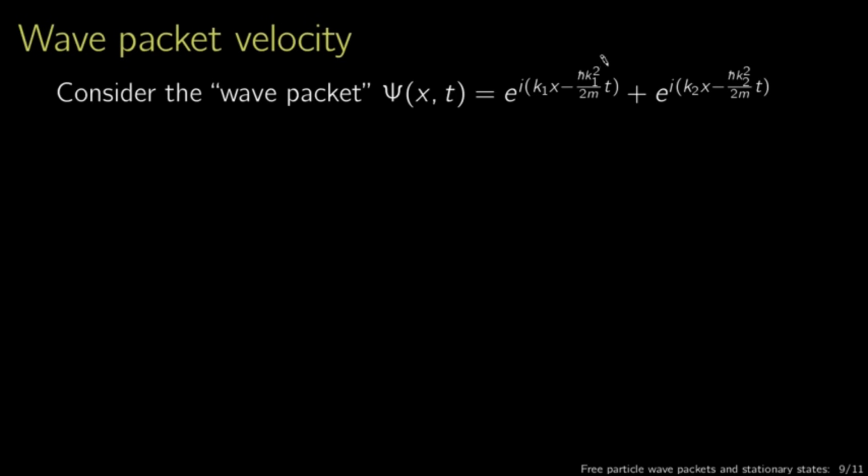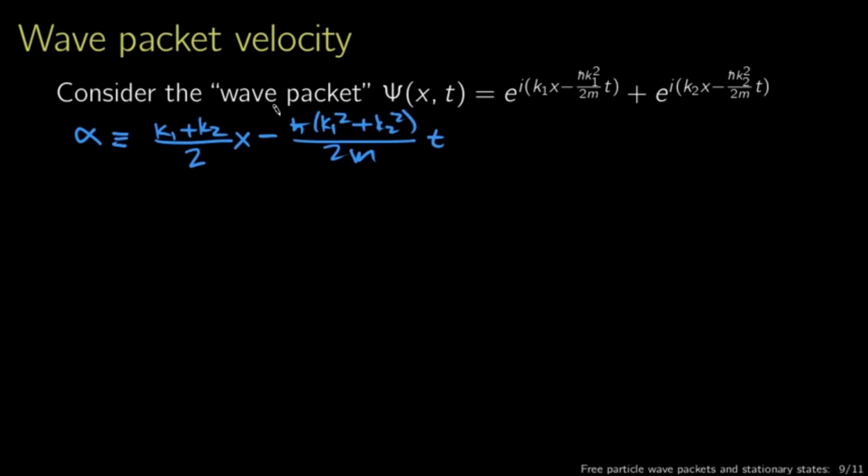Under these circumstances, it makes sense to rewrite these things. I'm going to define alpha as k1 plus k2 over 2, the average, times x, minus h bar k1 squared plus k2 squared over 2m t.